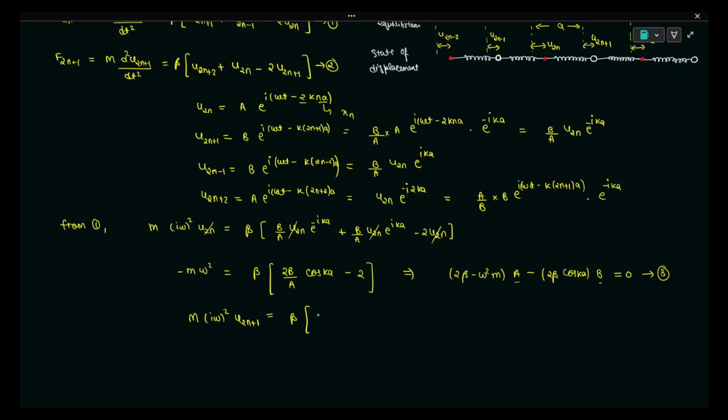So here I can write a by b u 2n plus 1 times e raised to power minus iota ka, and then similarly I can write for this u 2n that will be a divided by b u 2n plus 1 times e raised to power plus iota ka, and then this 2 times u 2n plus 1.